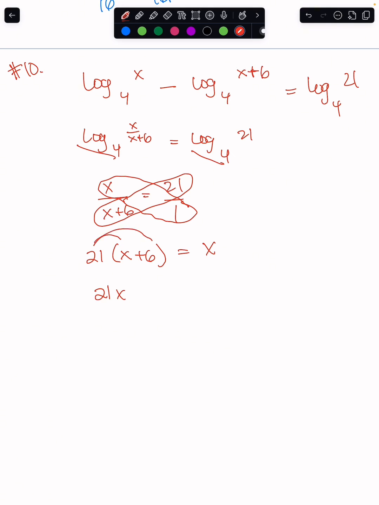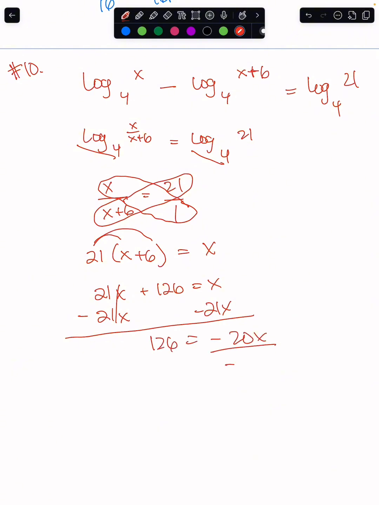And then 21 times 6 is 126 equals x. I'm going to subtract 21x from both sides. I got 126 is equal to negative 20x. Divide both sides by negative 20. That means my x is going to be negative 126 over 20. But I'm going to need to reduce that.